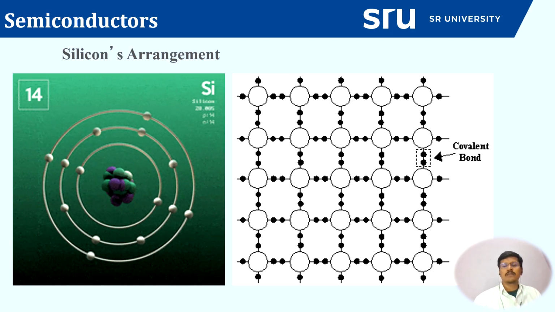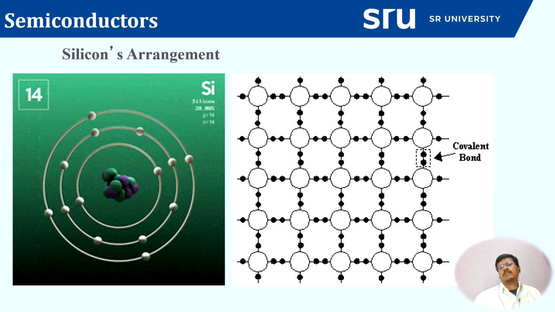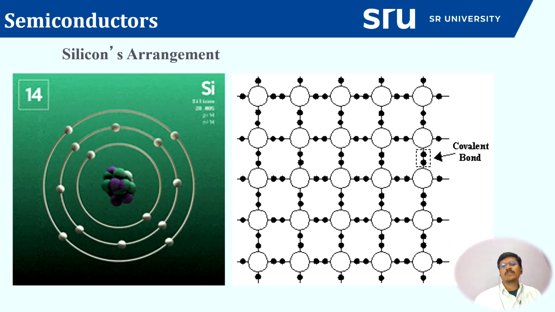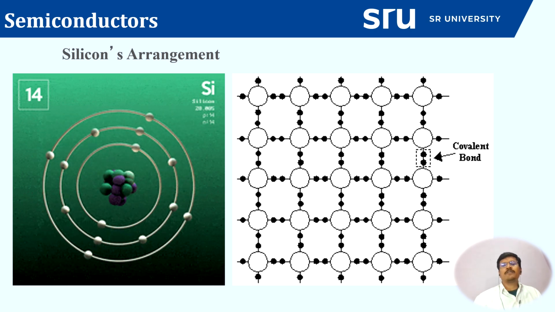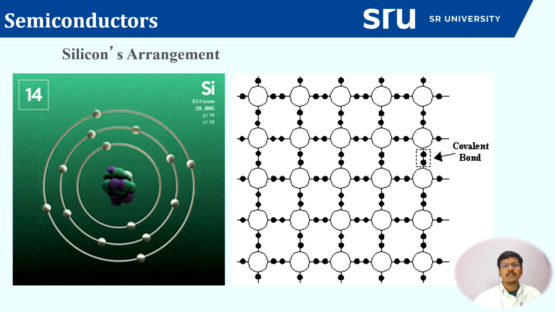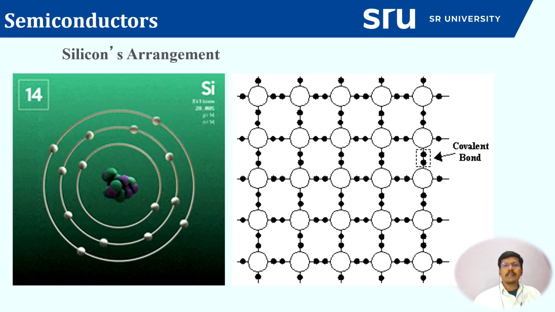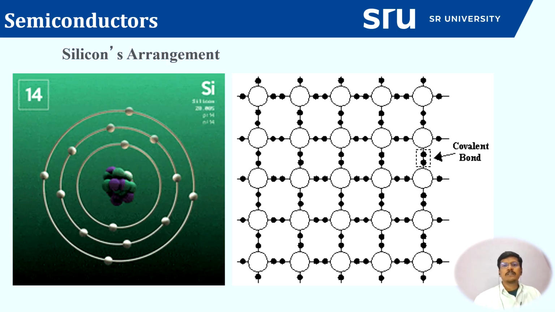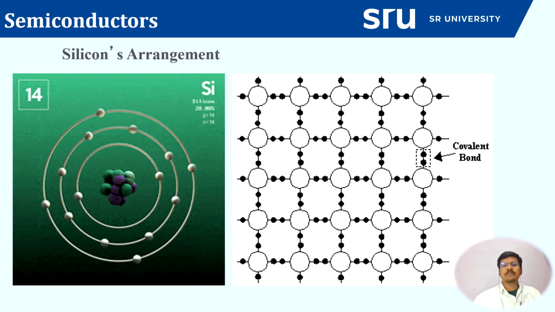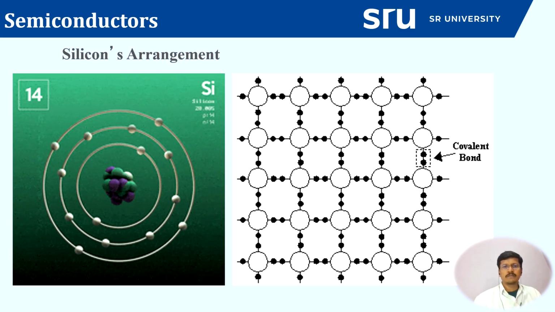Because all the electrons are closely bound with the electrons of the neighboring atoms. At room temperature or less than room temperature, the silicon exhibits more stable behavior.